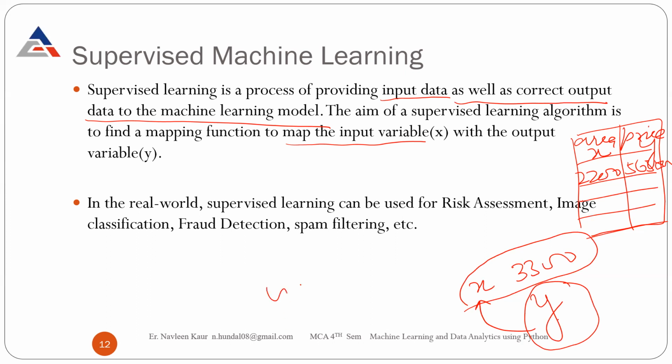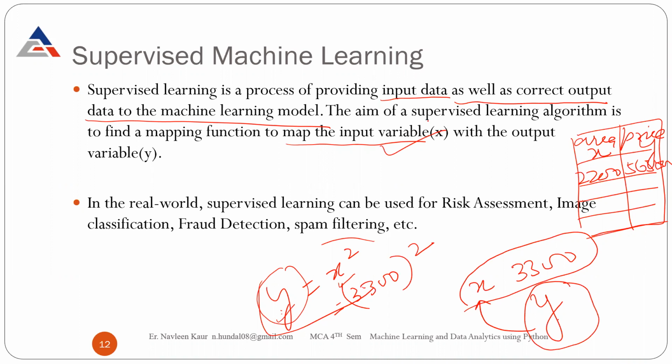Suppose Y equals X square, just a random equation. It means I am mapping my X with Y. This is my dependent variable, my Y is depending on X. So if X is 3,300, I can calculate Y by taking the square of it. You need to find a mapping function, so that if you have X available, you can calculate the Y.